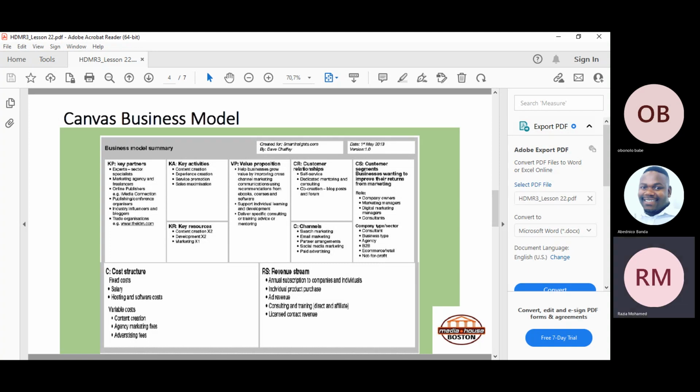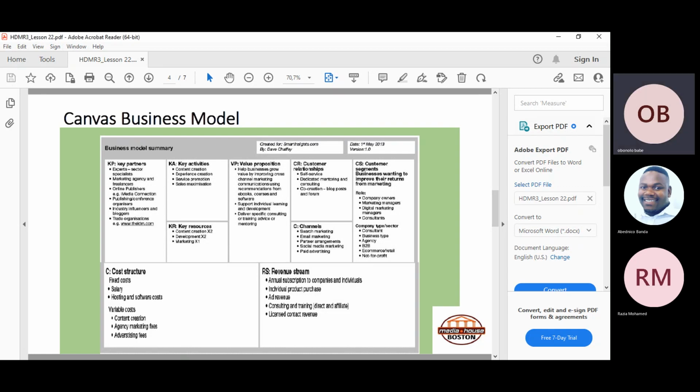Yes, it would. Then on co-creation, guys, what is co-creation? Do you know what co-creation is? Isn't it maybe creating the product or creating, I don't know, but maybe the business creating something with the customer.